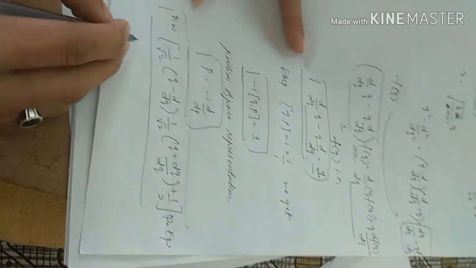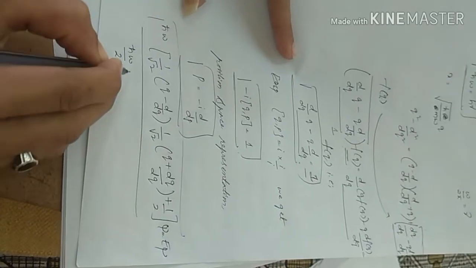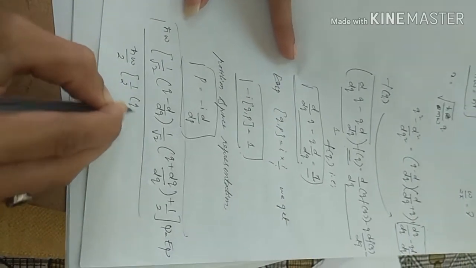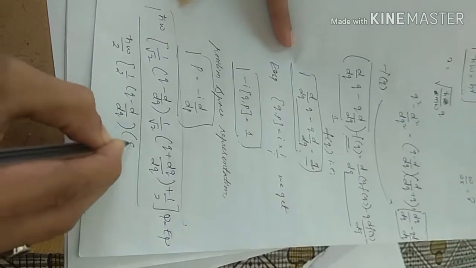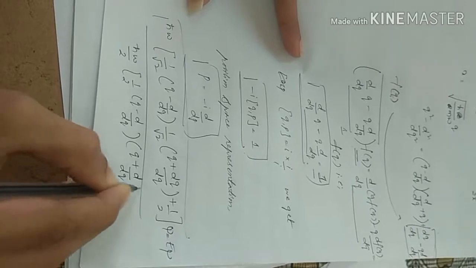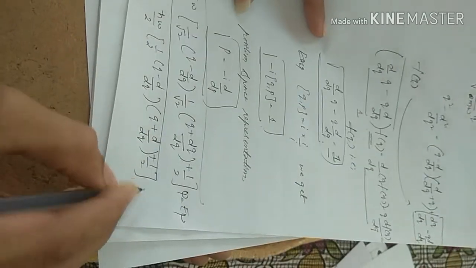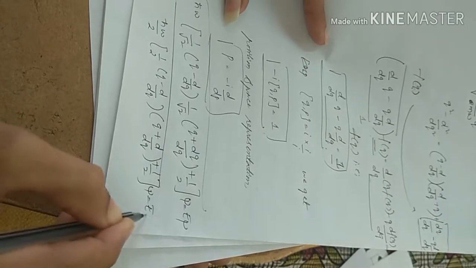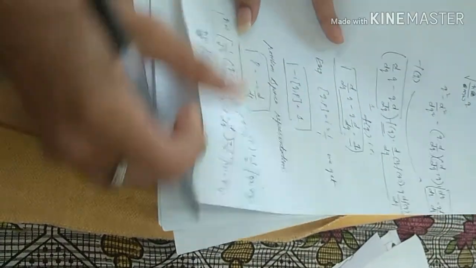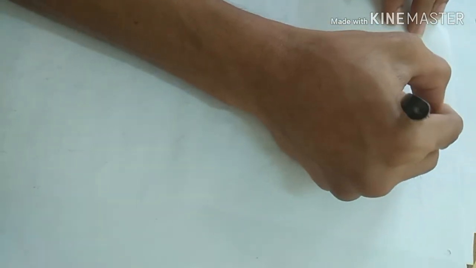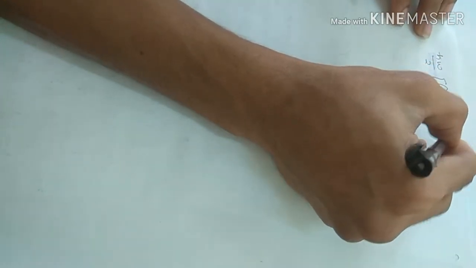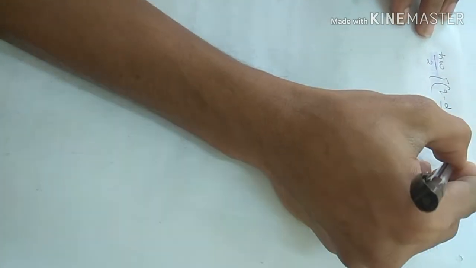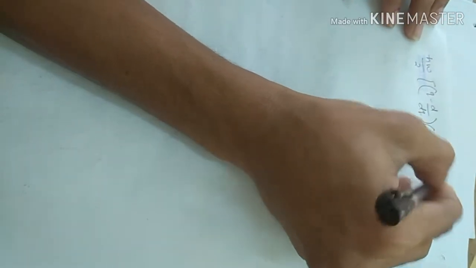This equation can be written as h omega by 2 of 1 by 2 q minus d by dq of q plus d by dq plus 1 by 2, psi equals E psi. Taking 1 by 2 common, we get h omega by 2 of q minus d by dq, q plus d by dq, plus 1.